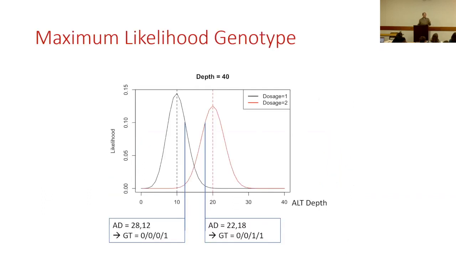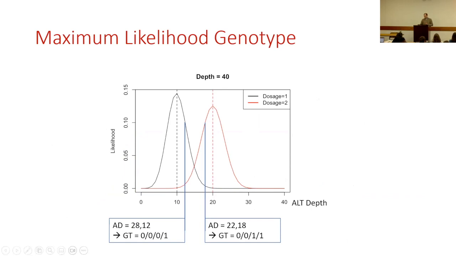So one strategy for making this GT prediction, or finding the genotype that has the highest probability, is to use the maximum likelihood approach. That just looks at the corresponding value on the x-axis and then looks up and says, okay, which of these distributions has a higher probability?